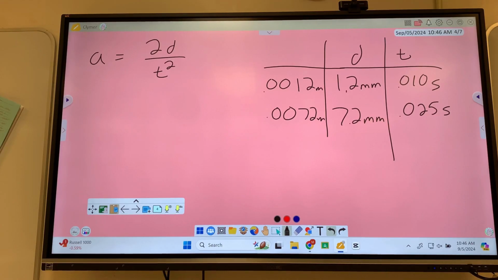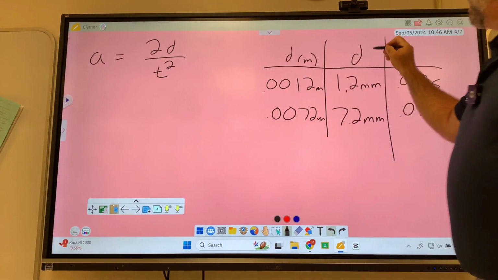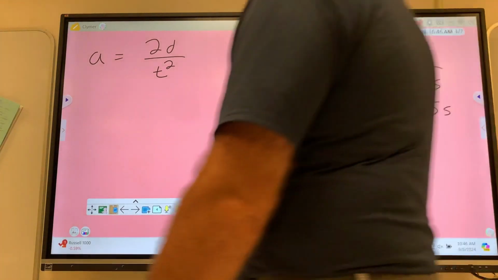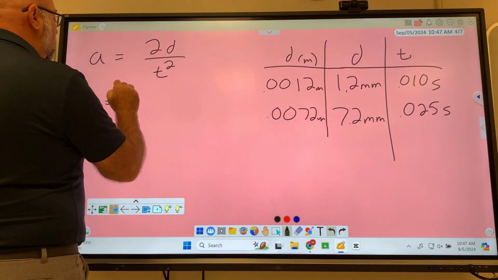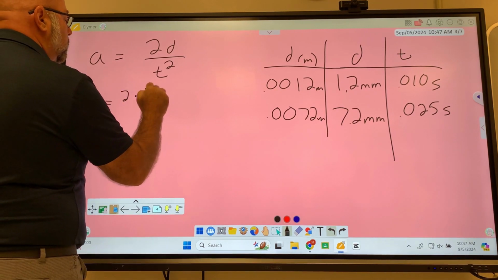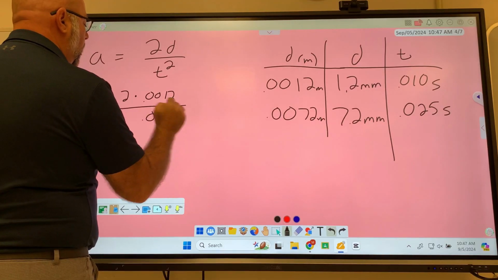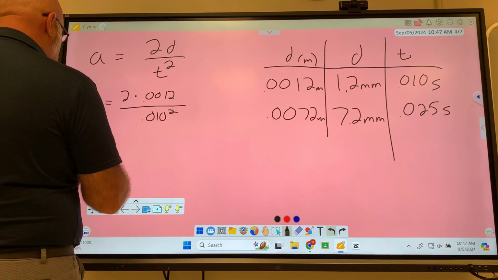So now I have values for D in meters, and I have values for T in seconds. Now I can solve my equation. So for this first line, I will plug this in. 2 times 0.0012 divided by 0.010 squared. And for A, I guess we'll call this A1 for A2.